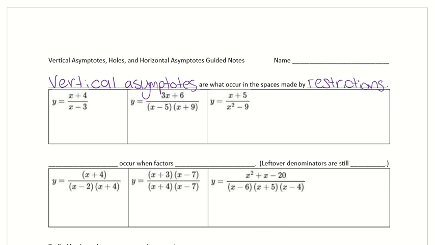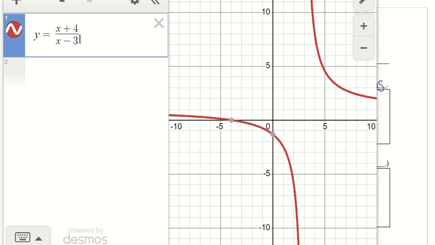So let's look at this first example. We've got x minus 3 in the denominator, and that lets us know that we have a restriction at positive 3. That means that we know that x cannot equal positive 3. So what's happening when we look at positive 3 on the graph? If we look at the graph of this, at positive 3, we can see that there is an imaginary line called our asymptote.